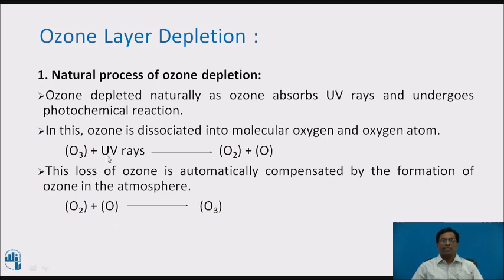This is the reaction: ozone plus UV rays gives O2 plus O, that is, molecular oxygen and atomic oxygen. This loss of ozone is automatically compensated by formation of ozone in the atmosphere. This is the reaction: O2 plus O gives O3.